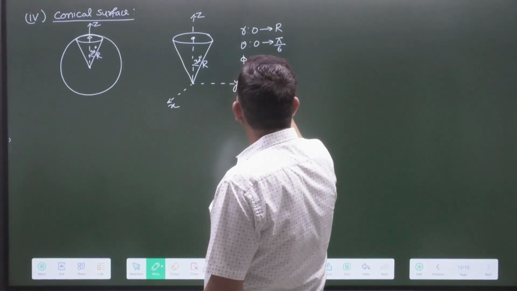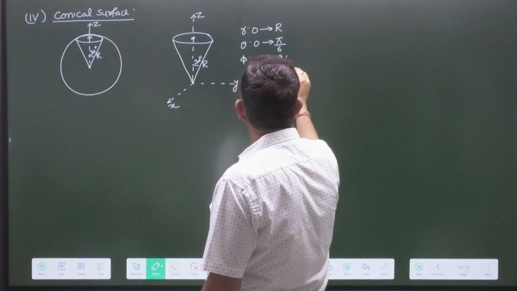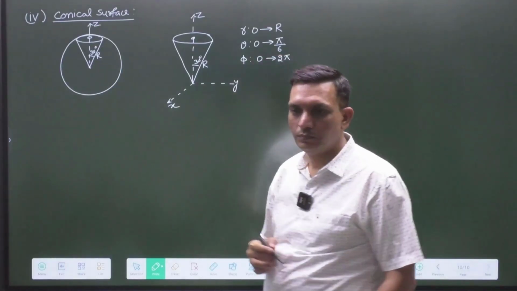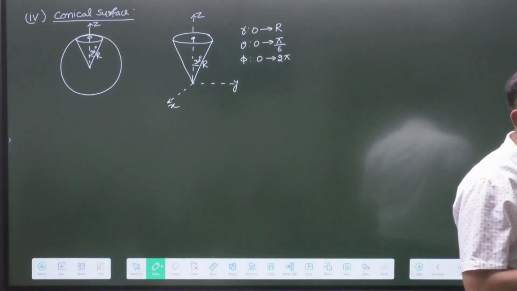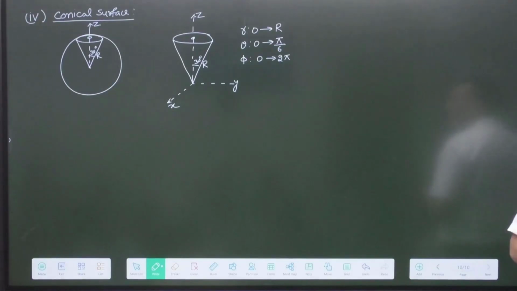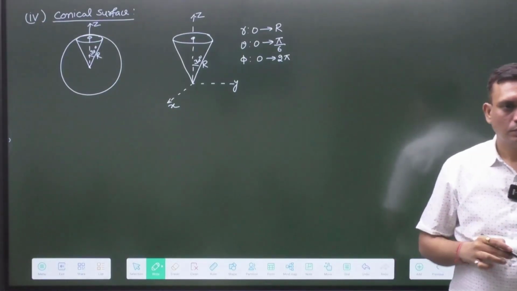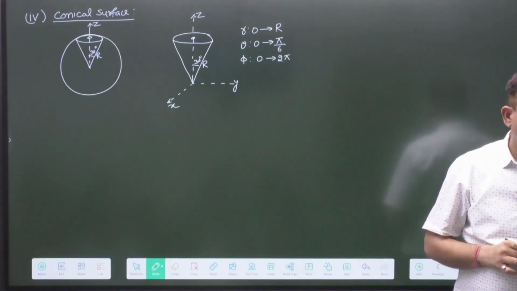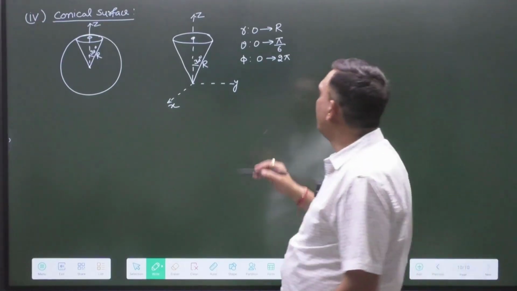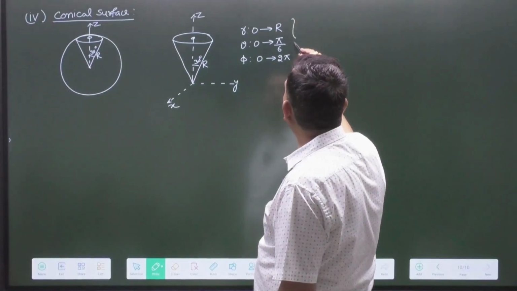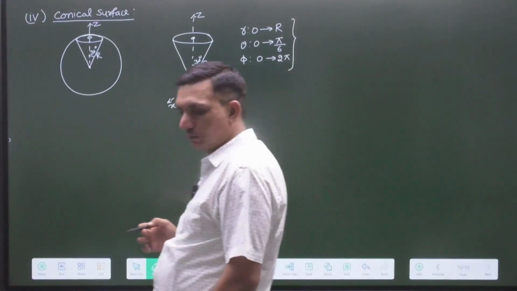Phi is still from 0 to 2 pi, yes, solid sphere. So that is the r theta phi.